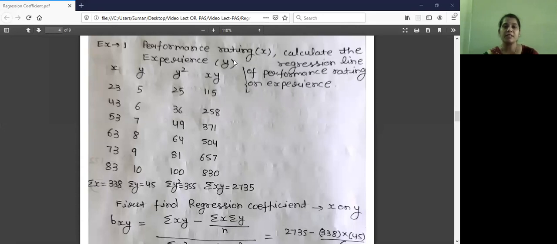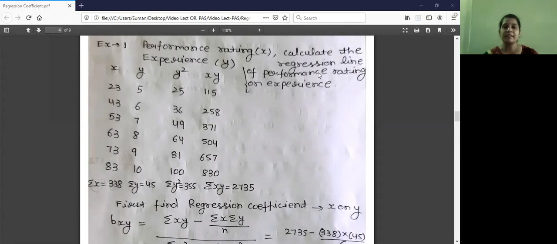Example: performance rating X. We are given the performance rating and experience, and we consider the performance rating equal to X and experience equal to Y. Calculate the regression line of performance rating on experience. Got it?